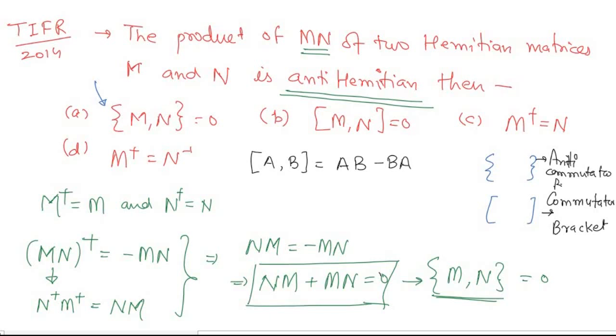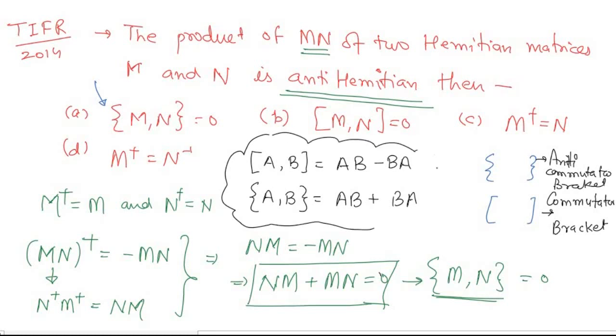The anti-commutator of A and B is defined as AB plus BA. These are two very important definitions of operators: commutator and anti-commutator.